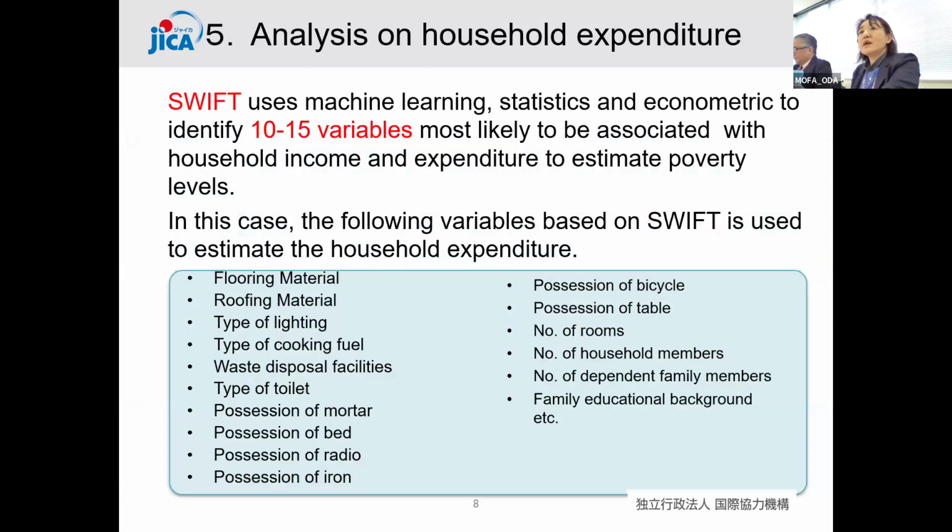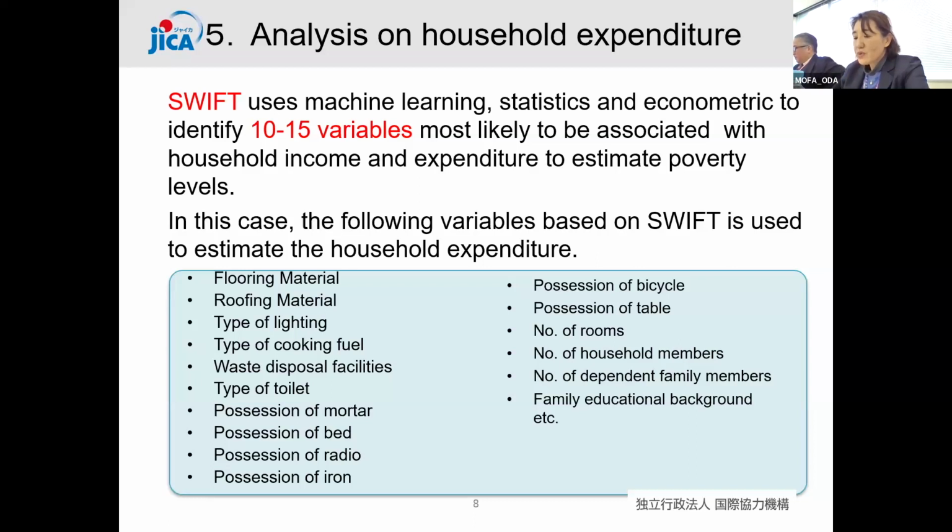So next slide. First, I would like to explain the first objective, analysis on household expenditure. Since SWIFT variables can capture the poverty change of participants, which is closely related to the household income and expenditure, we utilize the SWIFT variables to estimate the farmers' household expenditure to grasp the project effectiveness. So SWIFT uses variables listed in the blue box.